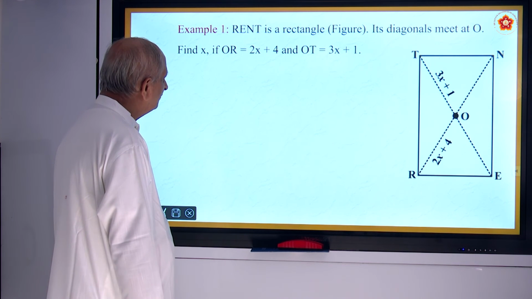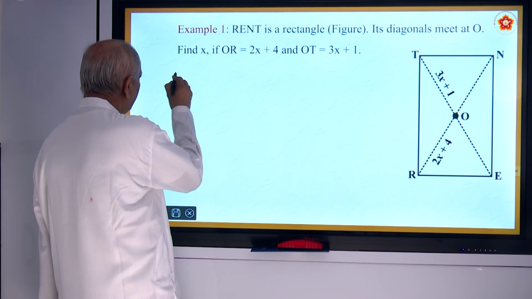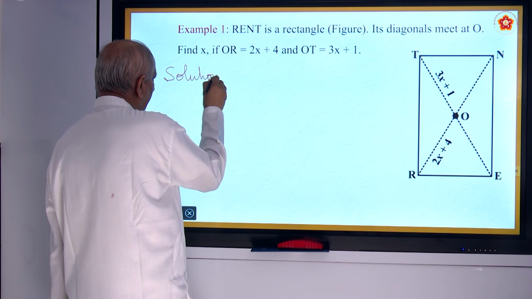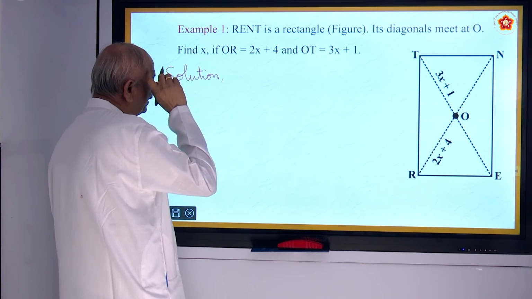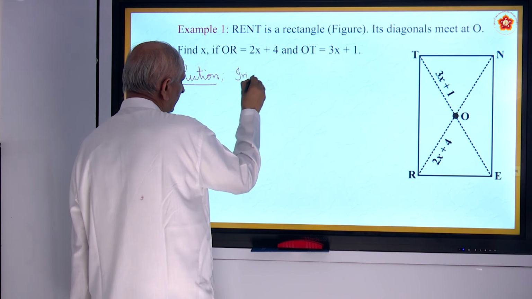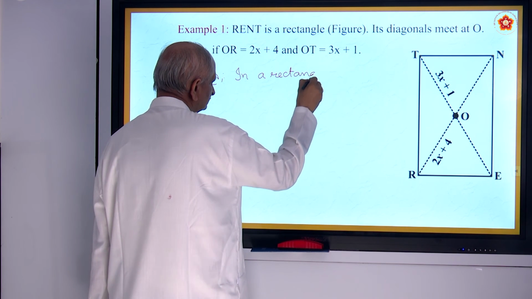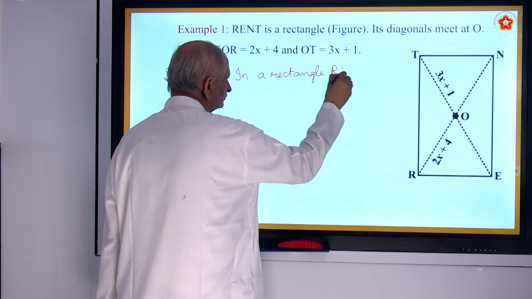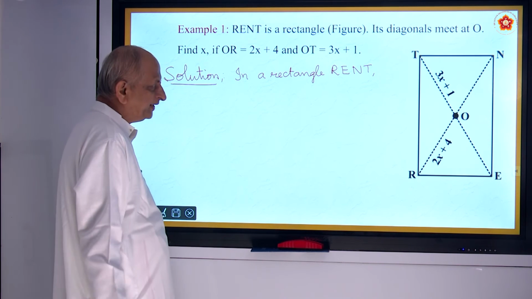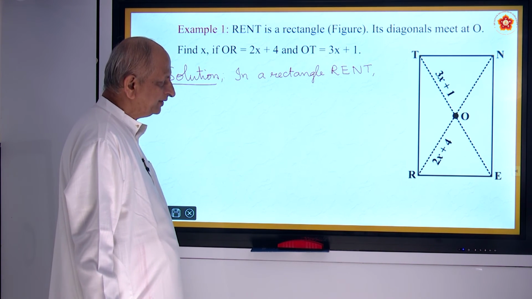Okay, now here is one problem, a rectangle called RENT. In a rectangle R-E-N-T, diagonals meet at O. What is the property we know about diagonals?